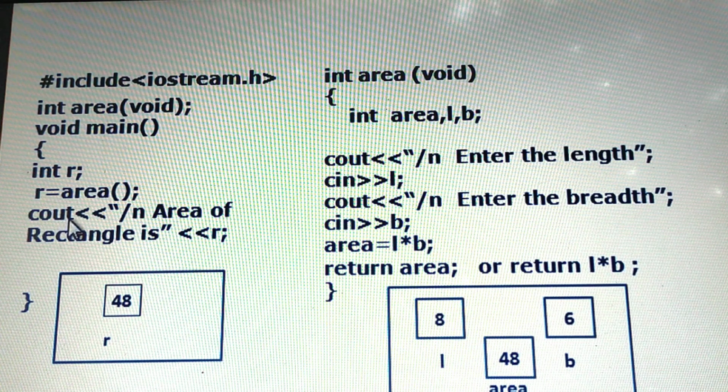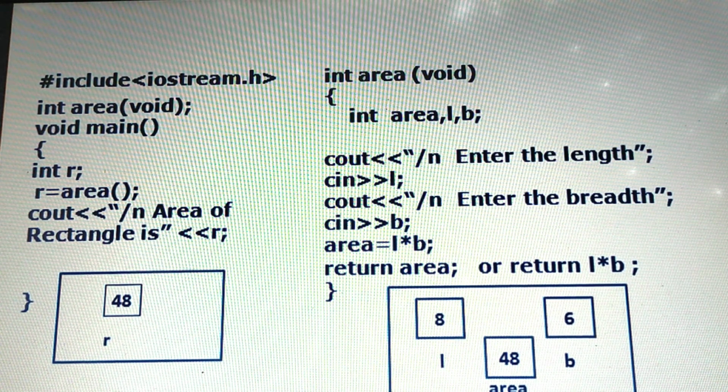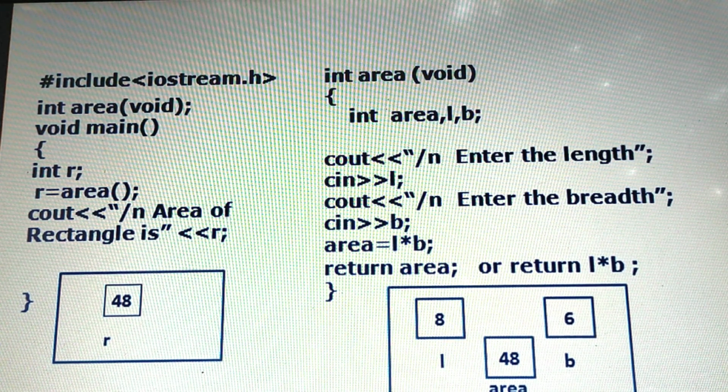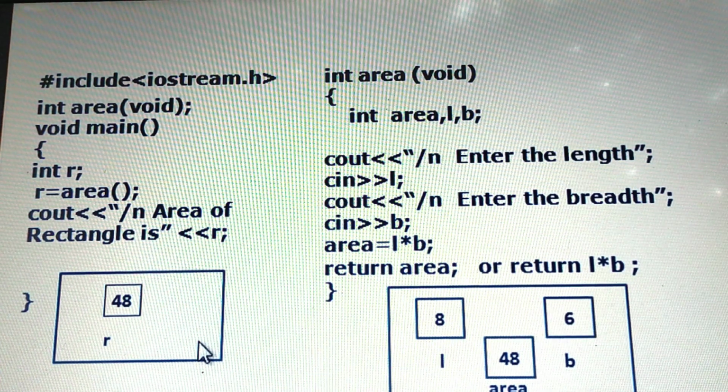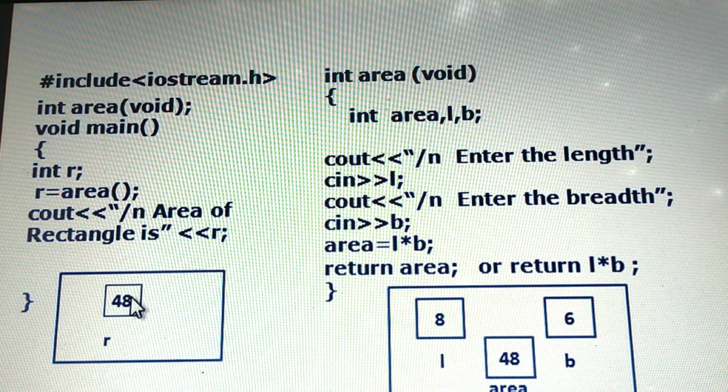Okay, then we print the statement: print the result on the screen. Area of rectangle is r, not area. Here if we give area, it won't print it. Here we have to use the variable we have used to store the returning value, that is r. This is the area reserved for the main program, with a location to store the returning value, and the name of the variable is r.